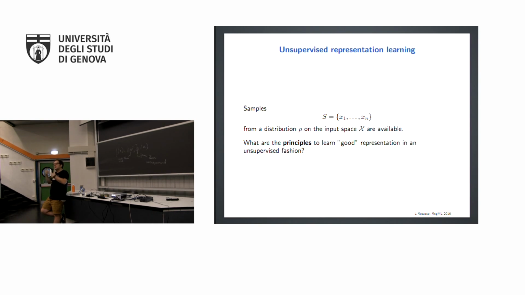So I try to say, give me a mapping that preserves distances when they're close, and maybe when they're far away, it pushes them apart, okay? This could be a reasonable thing, if you think in terms of similarity. So this could be one idea, the idea of learning a metric. What else?